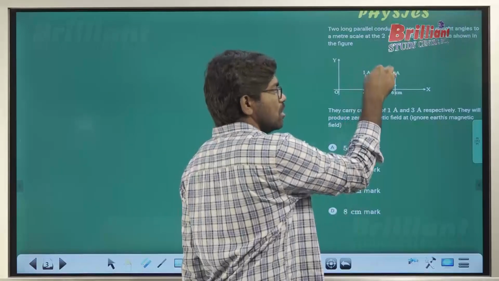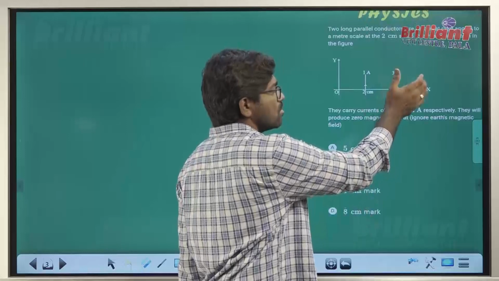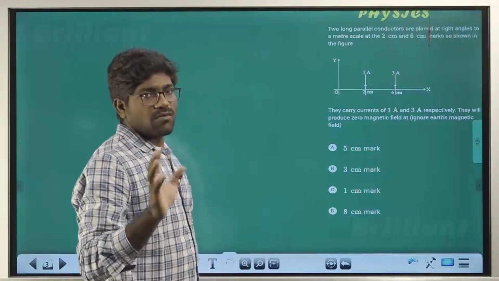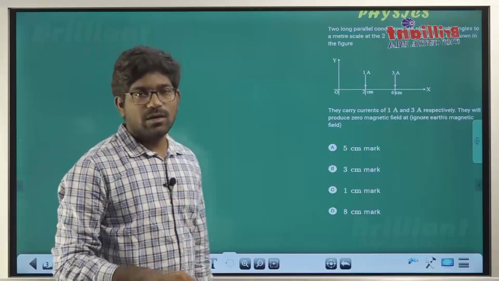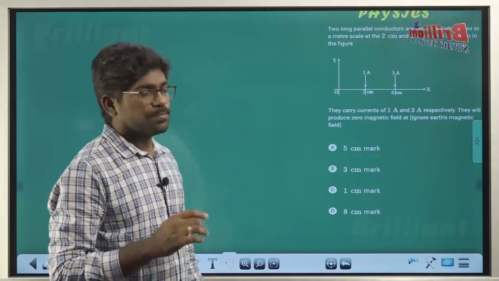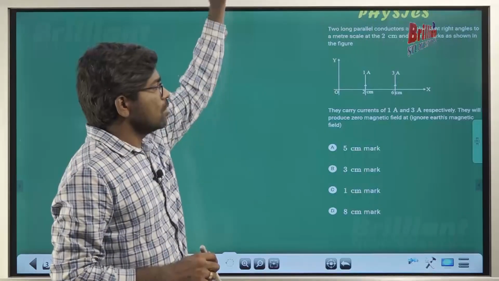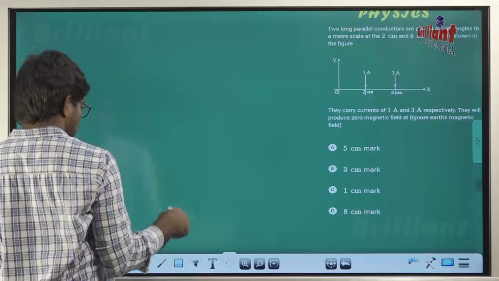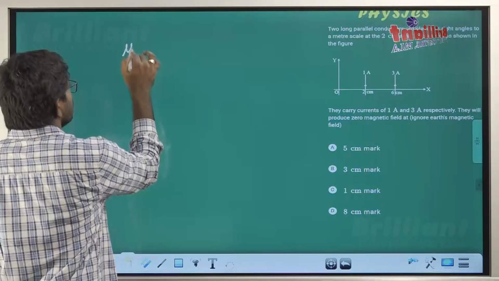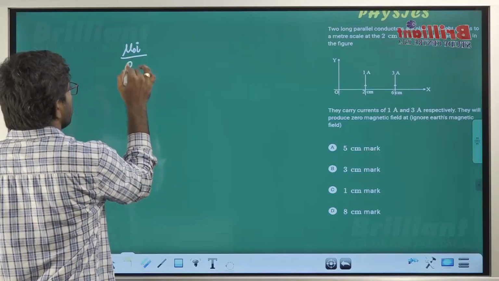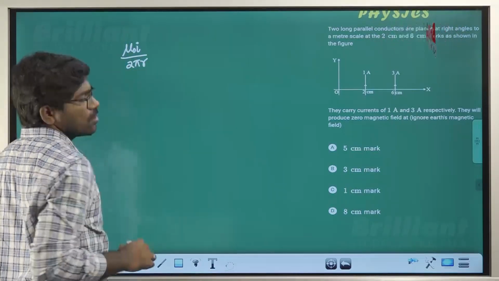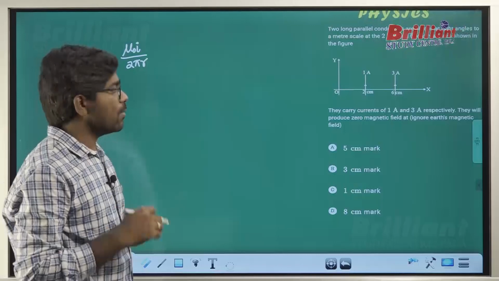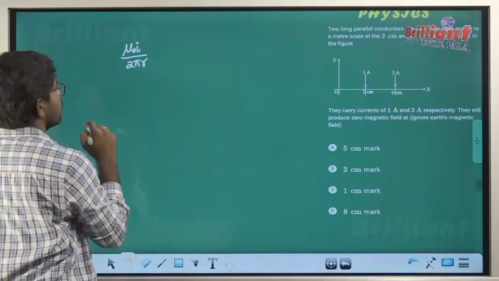So somewhere the net magnetic field should be 0, right? Now look here. Due to this, what is the magnetic field? It is mu naught I by 2 pi r due to the first one.